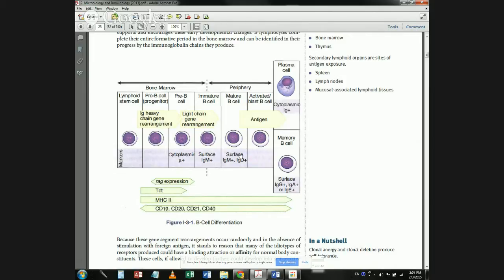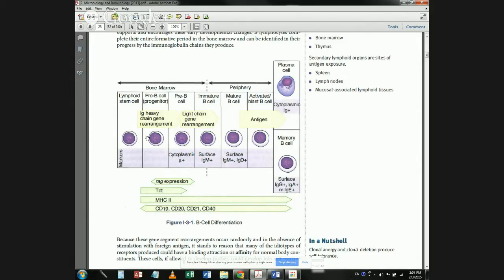So they decide to enter into pro-B cells, progenitor cells, and they have Ig heavy chain gene rearrangement. Immunoglobulin heavy chain gene rearrangement. So first thing, you have the heavy chain undergoing recombination of their DNA, which means that TdT is positive.